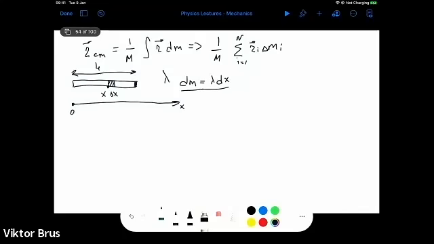Okay, so it's clear. We have some linearly distributed density of this rod within one dimension, because the rod has just one dimension.